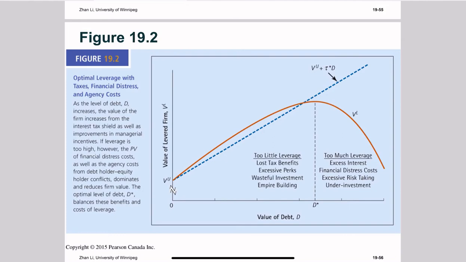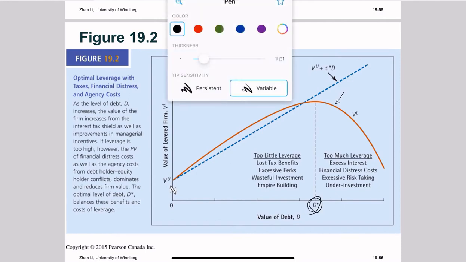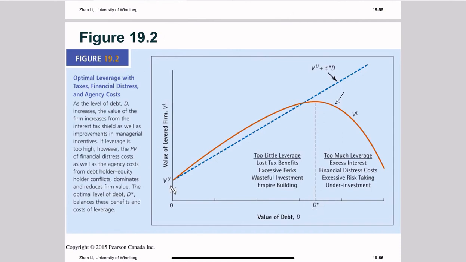So what you can see here is this. So what's the color? Orange. So this orange curve gives us the firm's levered value, and you can see that the optimal level of debt is given by D star. And you can see that D star is obtained by understanding different kinds of benefits versus different kinds of costs.